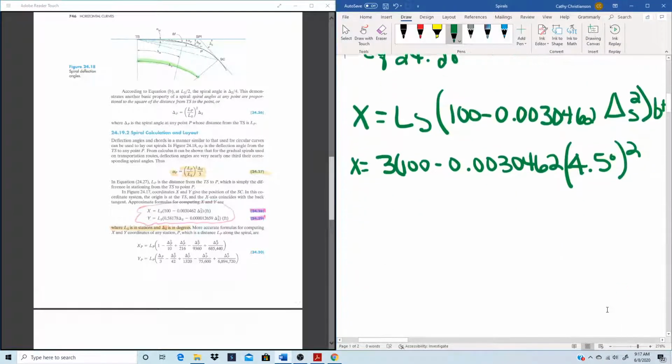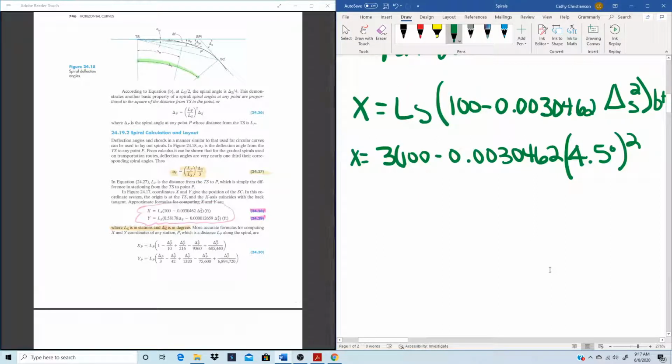So it looks like that. So that's just a kind of a plug and chug, not anything really. So your x should be fairly big, depending on your curve. So ours is 299.81 feet.